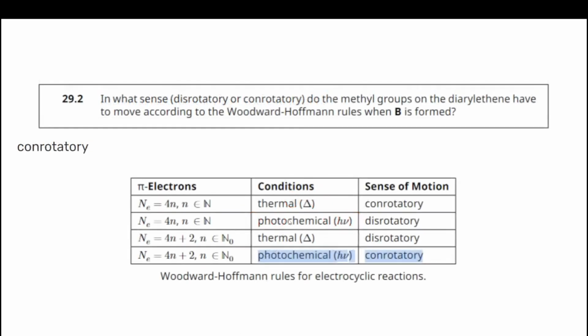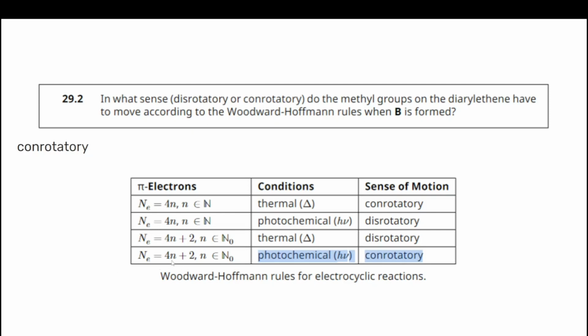Then the next question is also easy. In what sense do the methyl groups of the diarylethane have to move according to the Woodward-Hoffmann rules when B is formed? That's a kind of technical question because the table is given, so you need to take a look at that table.